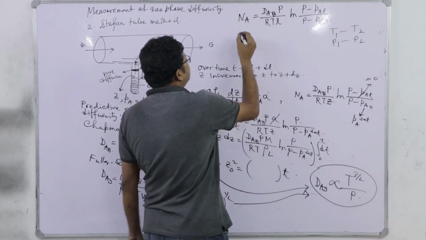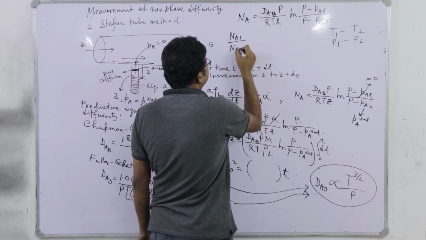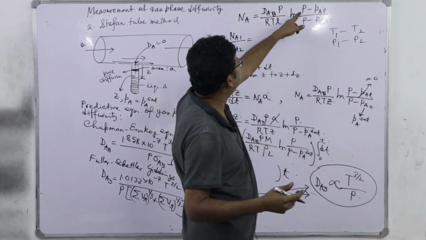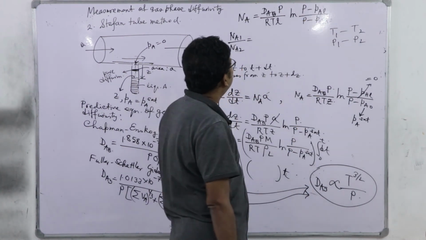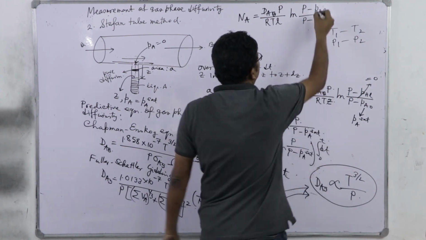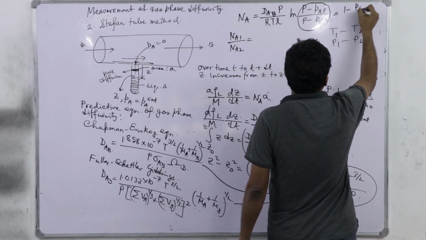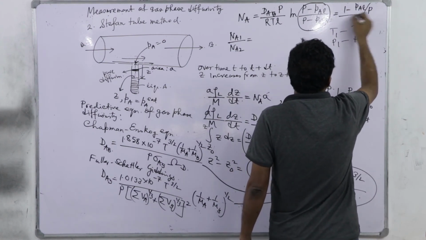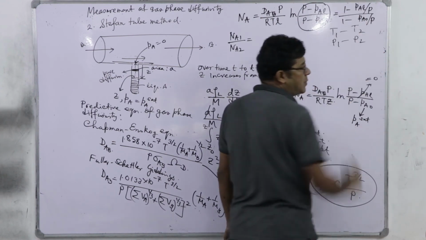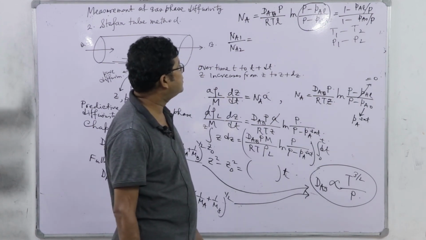So, you see that we can write NA1 by NA2. The total pressure whenever I am changing this, it is basically the what? The mole fraction. You can write this term as 1 minus PAL by P divided by 1 minus PA0 by P. So, that is going to remain unchanged no matter whether we are changing the pressure and temperature, right.